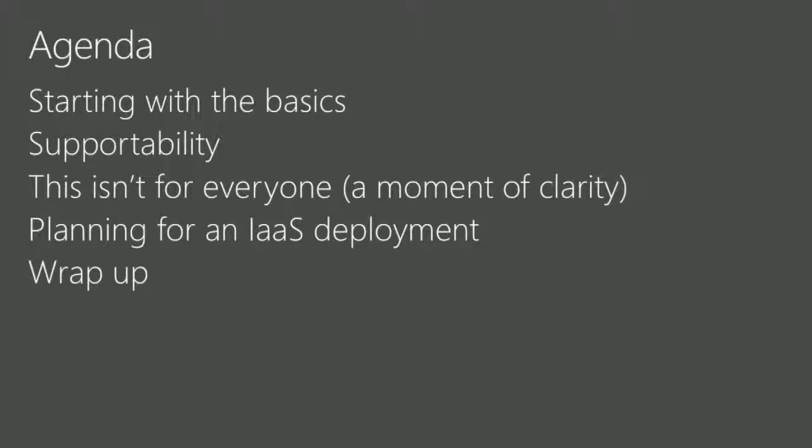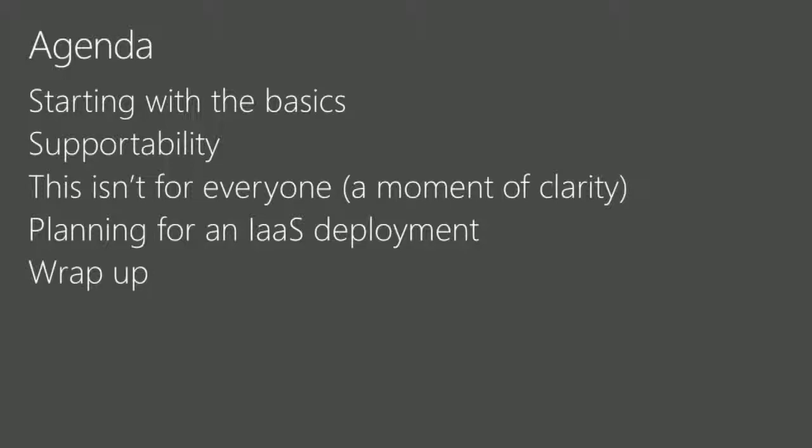We're going to start off with some basics. I have literally 2 slides just to make sure we're all on the same page in terms of what we're talking about around IaaS. We'll talk about supportability, what is and is not okay from a Microsoft perspective if you run into issues. And we'll talk about what it means if you go outside of those supportability boundaries, what you can expect and what those risks look like.